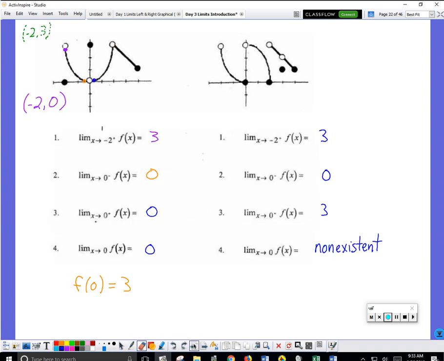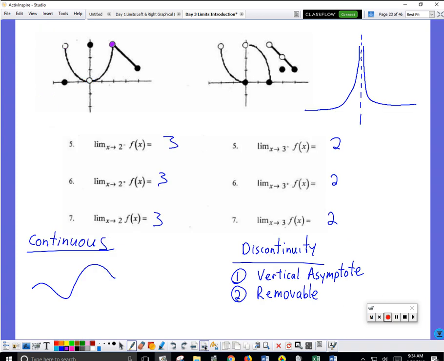The left and right limits are both 0 here, but the value of the function is 3. That's a removable discontinuity. We see it again here on this one. The left and right limits are 3. So this dot is open. The value of the function, f of 2, would be undefined.